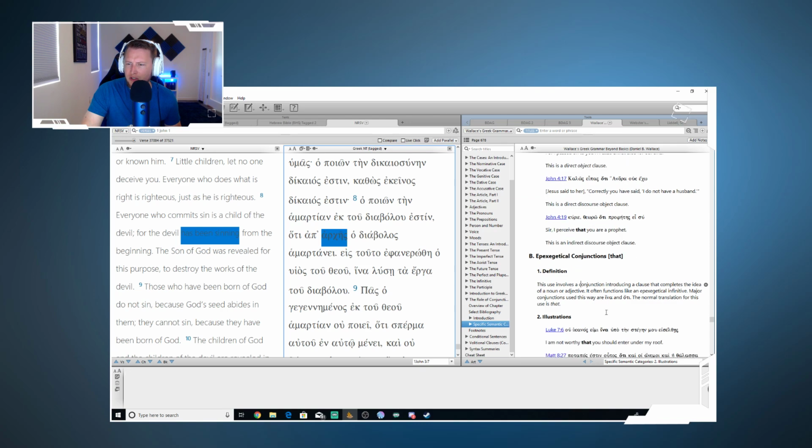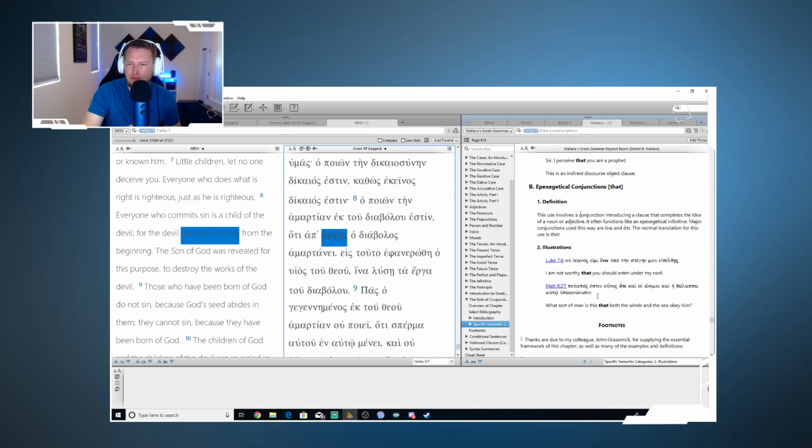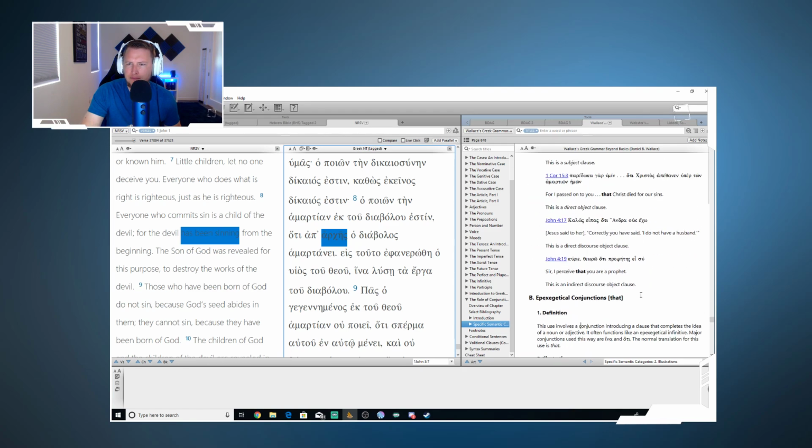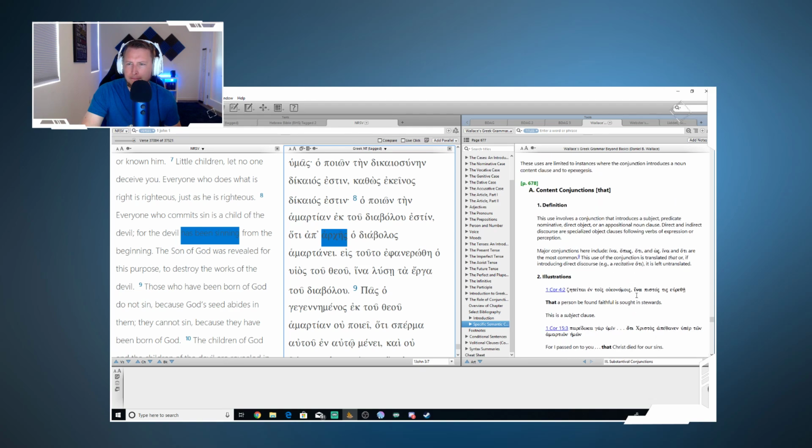This use involves a conjunction introducing a clause that completes the idea of a noun or adjective. This use involves a conjunction that introduces a subject, predicate nominative, direct object, or an appositional noun clause.